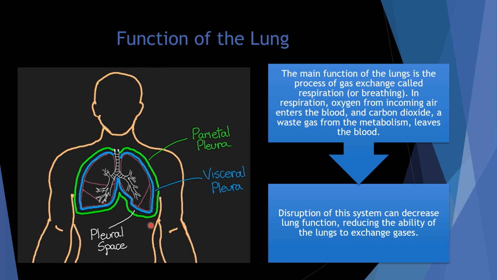But more importantly, it helps to keep the lung expanded as well. Our lungs are elastic, and something has to keep them open. So how does that happen? Well, the pleural fluid is a very important mechanism because it creates what we call mechanical coupling, all right?